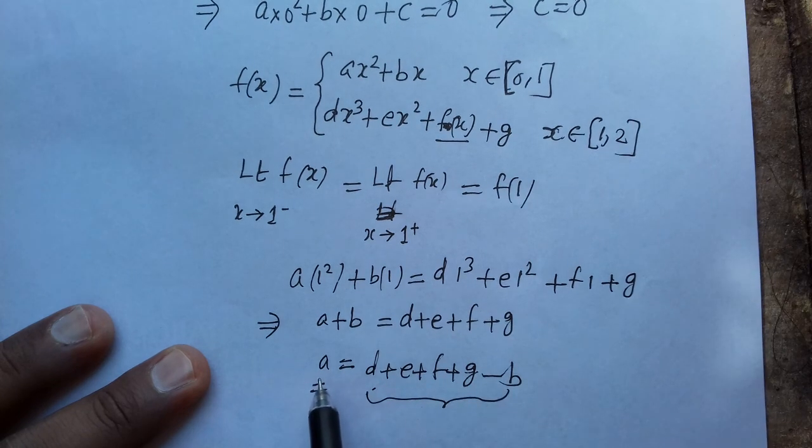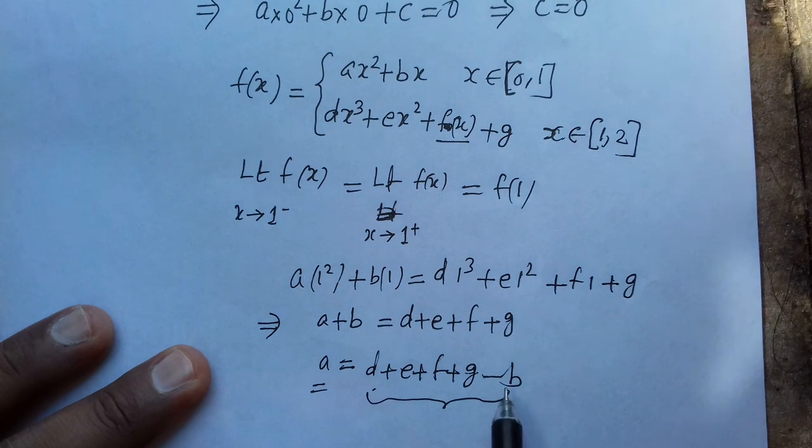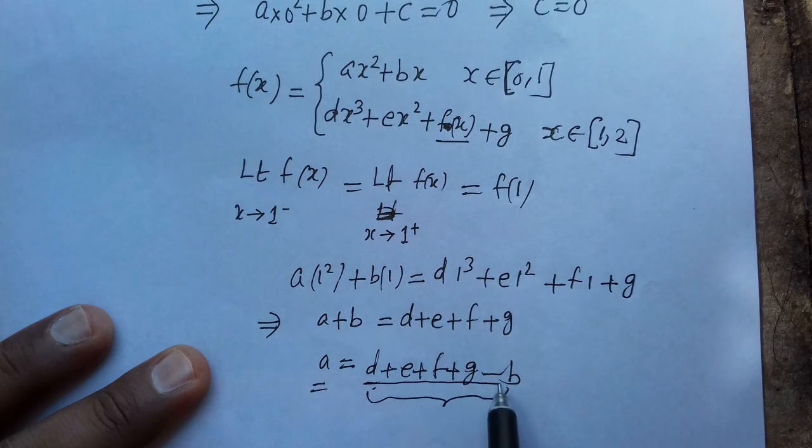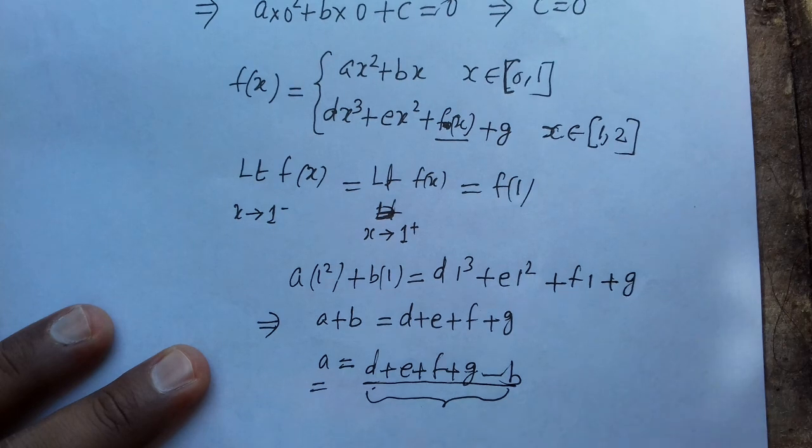So a is dependent on d, e, f, g and b, and these 5 are independent. So the dimension of the space is 5. These independent 5 symbols. So the dimension is 5. 5 is the right answer.